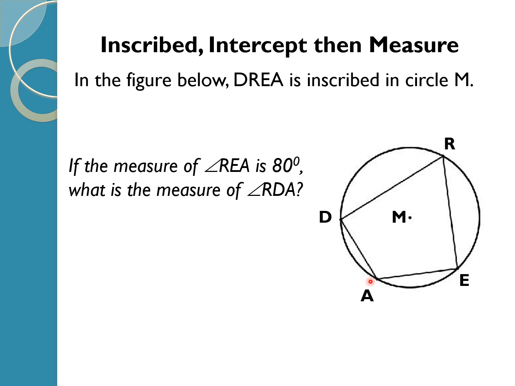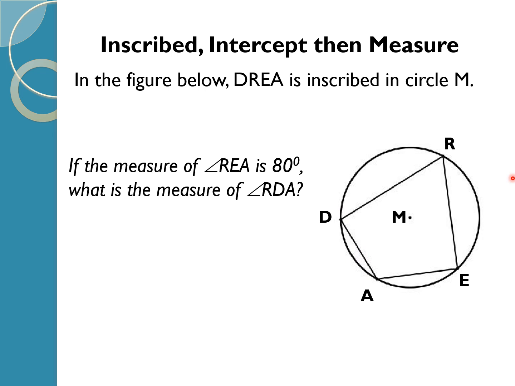By applying the theorem on inscribed angles, since this is a quadrilateral inscribed inside a circle, angle REA is opposite to angle RDA.